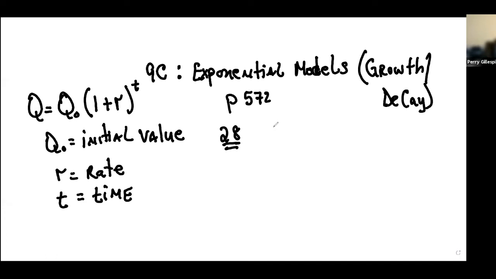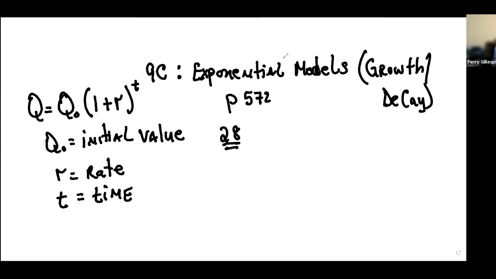To model the situation described, be sure to clearly identify both variables in your function. Part B, create a table showing the value of the quantity Q for the first 10 units of time, either years, months, or hours of growth or decay. And then C, we want to make a graph of the exponential function.